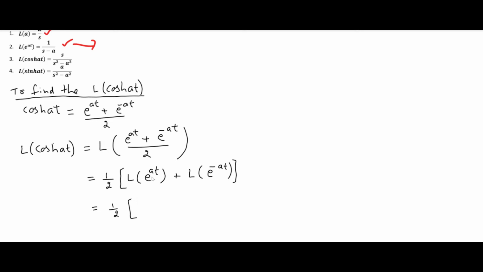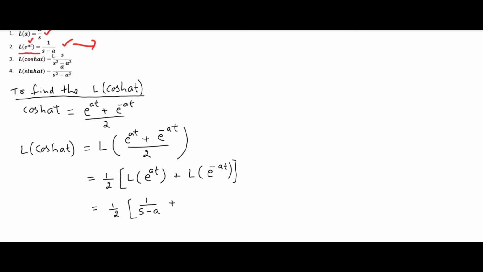We know the Laplace transform of e power of at formula, which is nothing but 1 by s minus a. So if we rewrite it, it becomes 1 by s minus a plus, similarly you can write down the Laplace transform of e power of minus at. But the formula that we have is for Laplace transform of e power of plus at, which is 1 by s minus a.